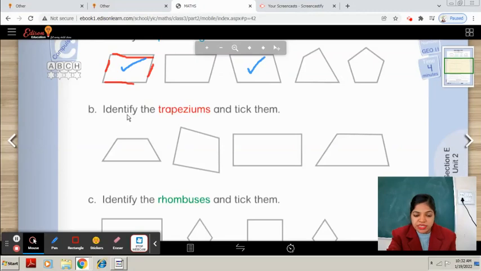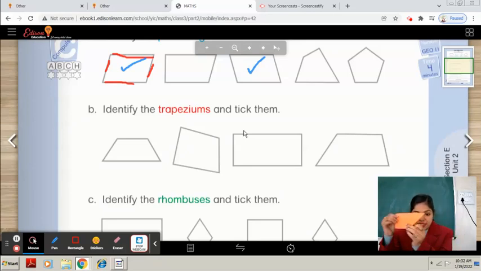So now you can see B part. Identify the trapeziums and tick them. What we had done in trapezium, what are the properties? That one pair is of parallel sides, and one pair is of non-parallel sides, right? In the trapezium we have done this, that one pair is of parallel lines, right?